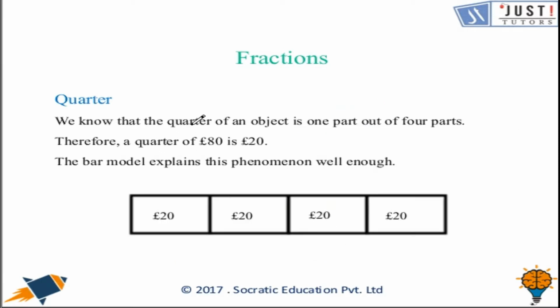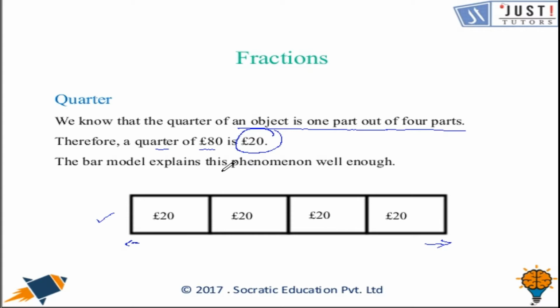Now, an example involving money. We know that a quarter of an object is 1 part out of 4 parts. Therefore, a quarter of 80 pounds or 80 rupees in India will be 20 pounds. You'll just need to work it out using a bar diagram model. So this bar model from here to here is one whole bar.